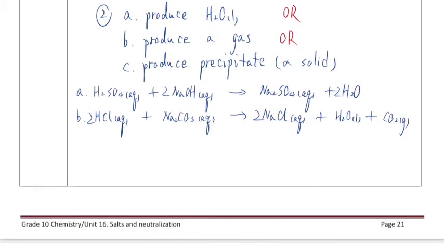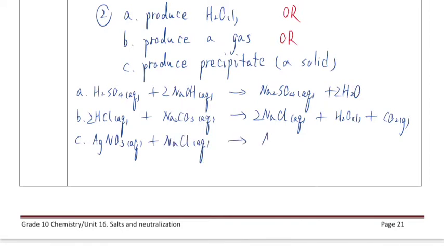And for C, okay, produce precipitate, a solid. So that's also called precipitation reaction. Okay, so here I can give you an example, for example, we can have silver nitrate react with sodium chloride.